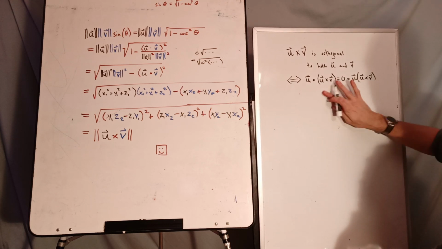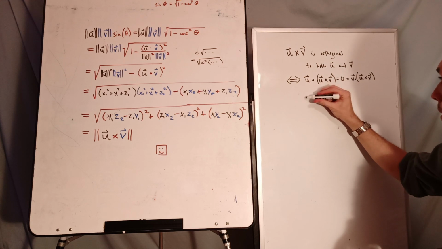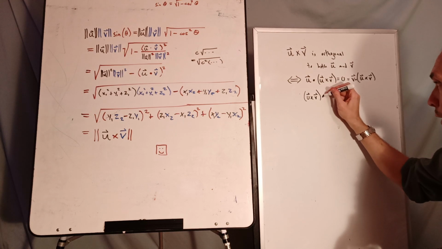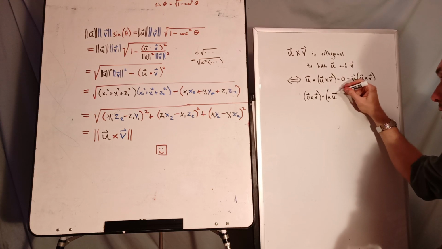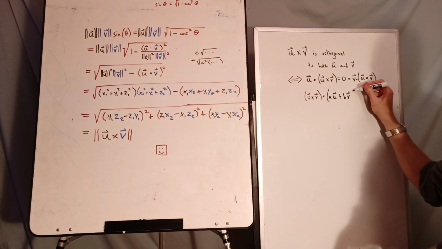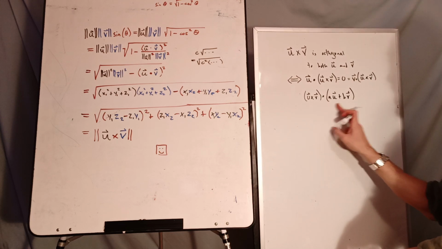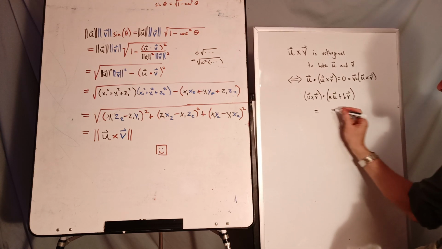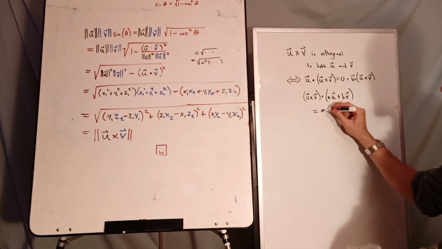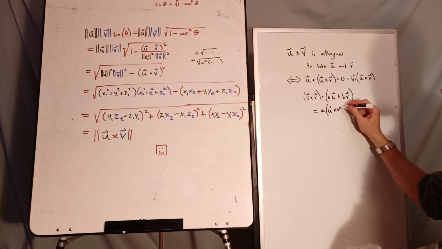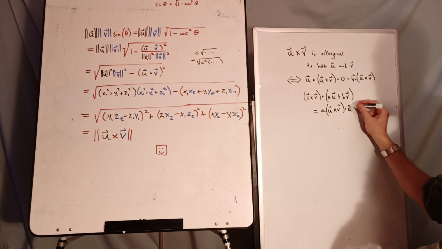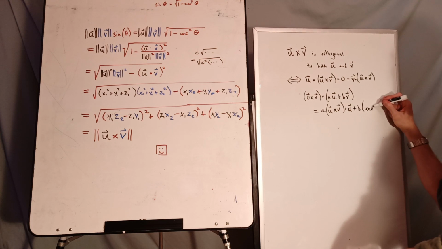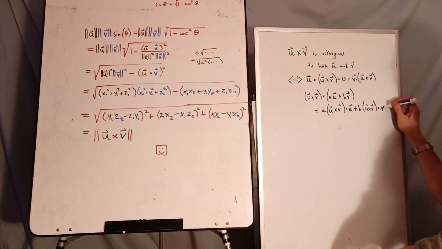And because of the linearity of the dot product, if I had u cross v and I dotted that with any linear combination of u and v, which is everything in the plane of u and v, then what I would get by the properties of the dot product is a times u cross v dotted with u plus b times u cross v dotted with v.